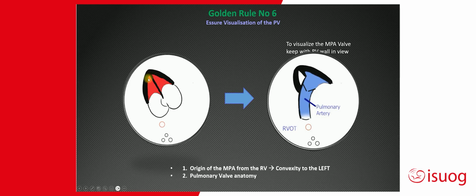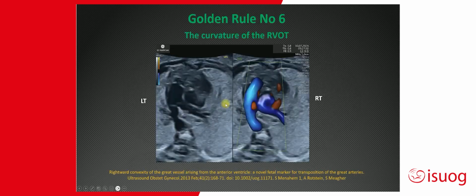So when you move from a 4-chamber view of the heart up to the 3-vessel tracheal view, you appreciate the convexity of the right ventricular outflow tract is to the left. Very important to understand that because it's reversed in TGA, because it's the aorta coming out of the right ventricle. And that's why doing a split image allows you to achieve that.